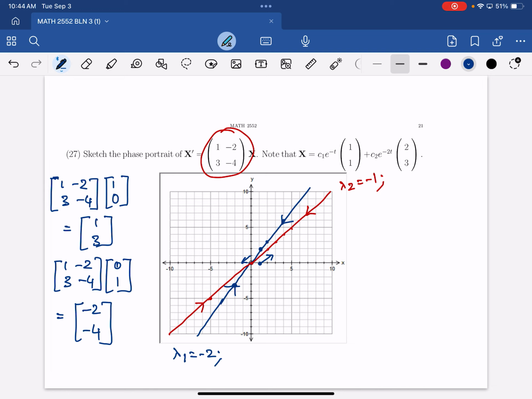So those will give me the directions of my solution curve. So if I have A, [1, -2; 3, -4], times (-1, 0), this gives me (-1, -3). So that means if I'm standing here, I'm experiencing force downward.